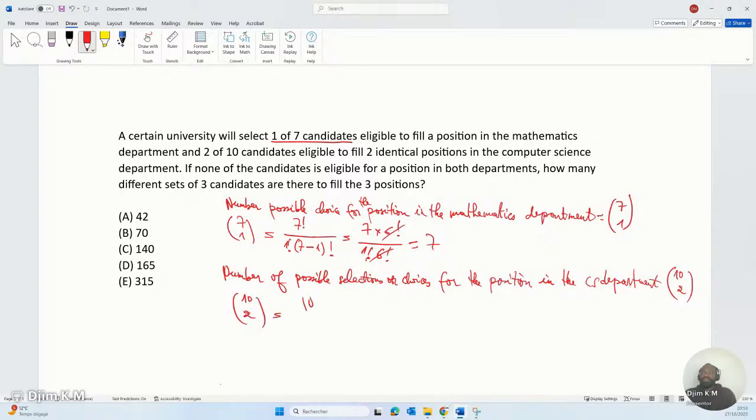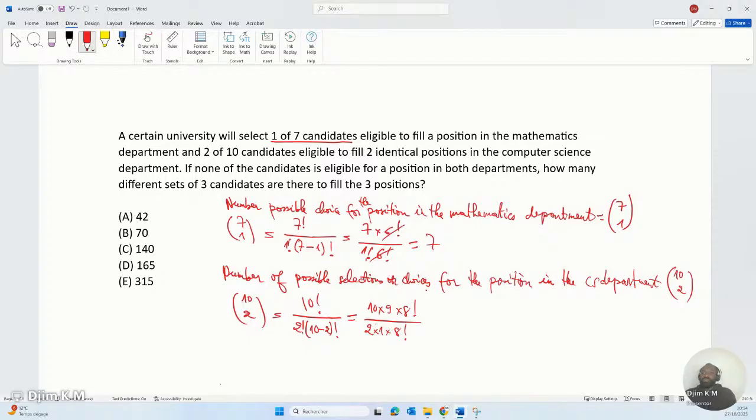So we will have 10 factorial over 2 factorial times 10 minus 2 factorial, which will give us 10 times 9 times 8 factorial over 2 times 1 times 8 factorial.